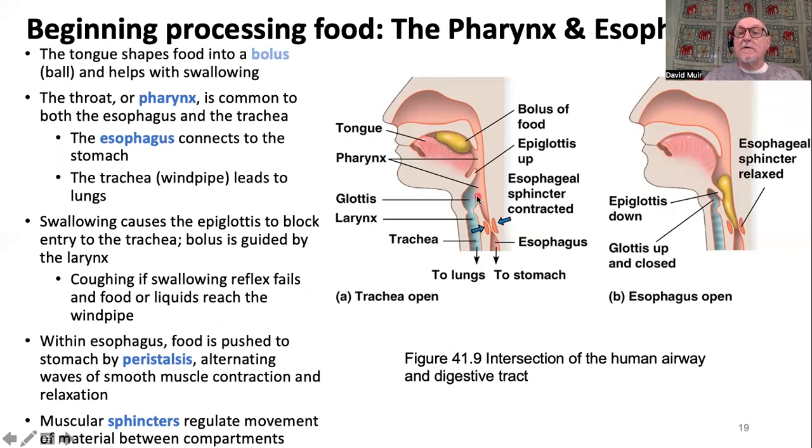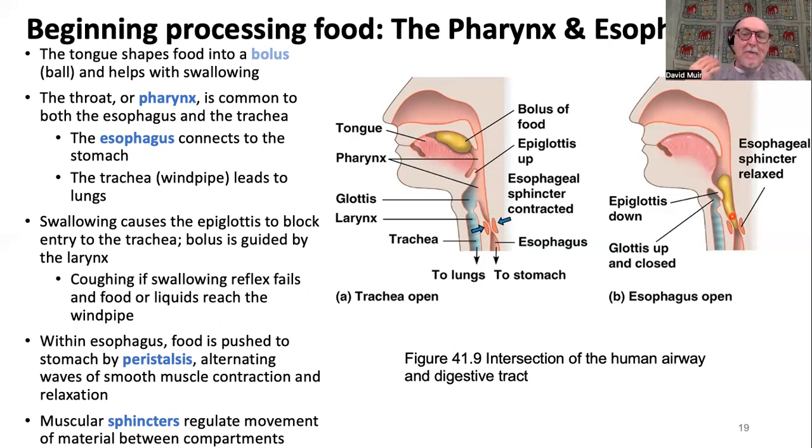So once this food has passed this point here, reflex processes take over, and the esophagus. Your food doesn't just plummet down your esophagus. The esophagus undergoes a rhythmic contraction and relaxation called peristalsis, which actively moves the bolus of food down the esophagus.